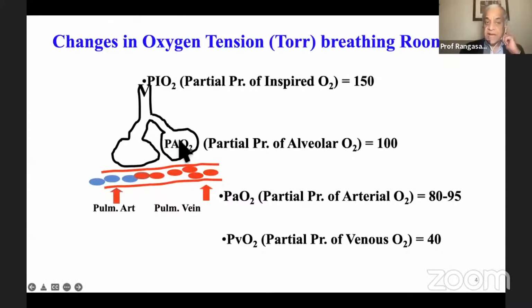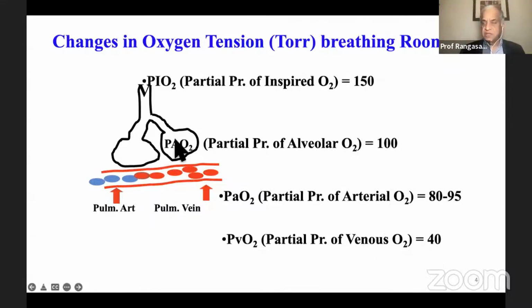As it gets into the alveolar side, the uppercase PAO2 is about 100 because you have PCO2 there. All gas pressures have to be equal. It cannot be more than 760. So it becomes 100. And then the blood coming from the pulmonary artery, the mixed venous PO2, is about 40.